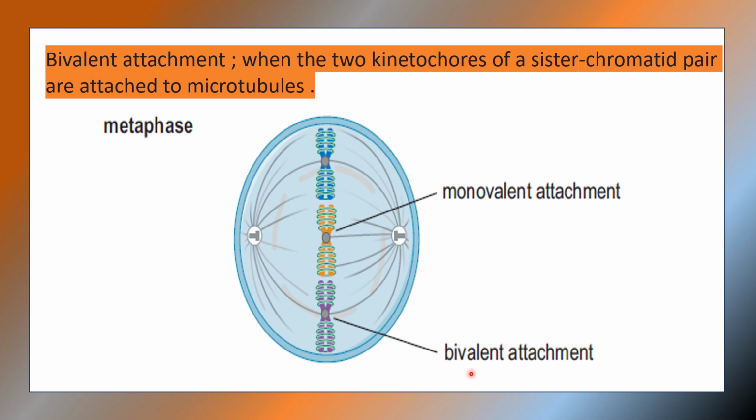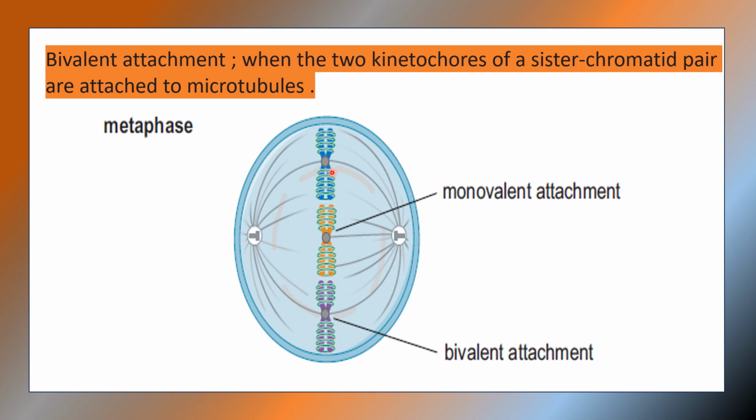Let's understand the terms bivalent attachment and monovalent attachment. In the metaphase, the microtubule organizing centers radiate microtubules, and these microtubules attach to the kinetochores which are present on the adjacent sides of the centromeres, one over here and another over this side.